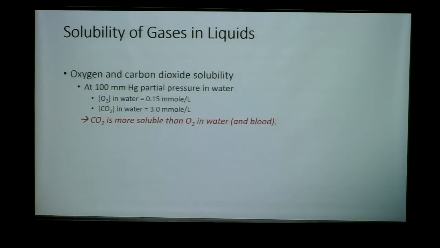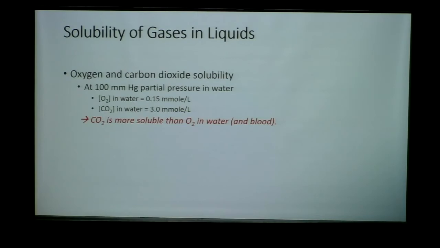All right, so on that basis, we can speak about oxygen and carbon dioxide and their varying solubility. At 100 millimeters of mercury partial pressure in water, oxygen dissolves to 0.15 millimoles per liter, whereas carbon dioxide dissolves to 20 times that amount, so 3 millimoles per liter.